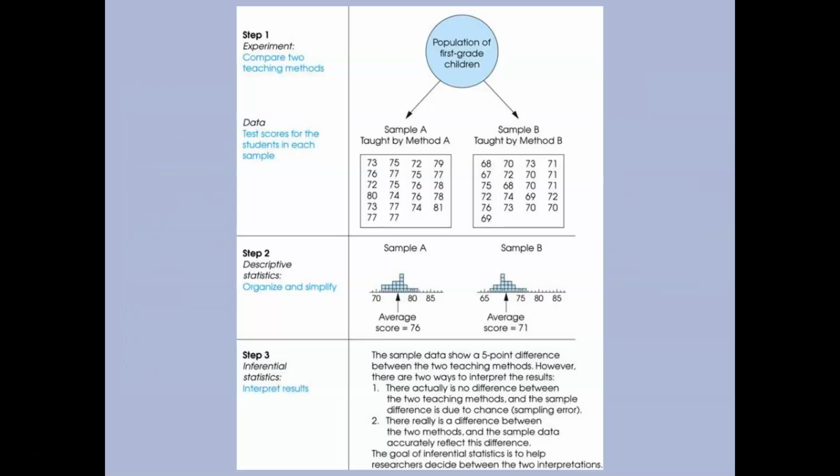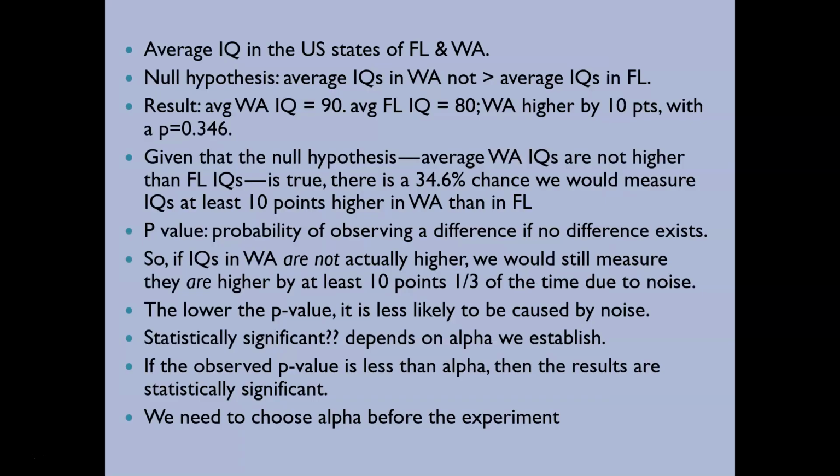So again, let me go back. Your accepted alpha, or the cutoff p-value, is 0.05. If the probability value that you calculated through a statistical analysis is lower than 0.05, then the two averages, the two entities you are comparing, are statistically, significantly different.